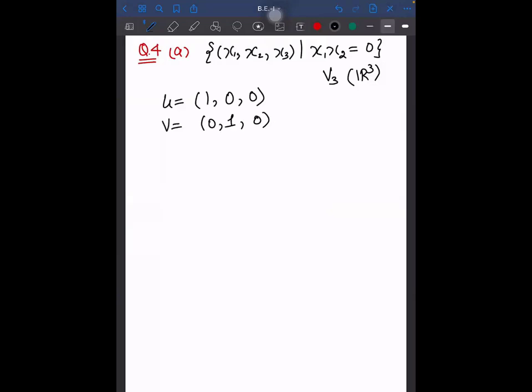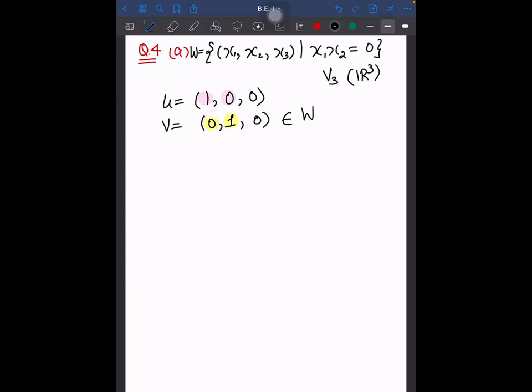If you take the product of x1 and x2 in the case of U, this is going to be 0. Similarly, the product of these two in the V case is also going to be 0. So that means your U and V belong to this set, let me call it W.